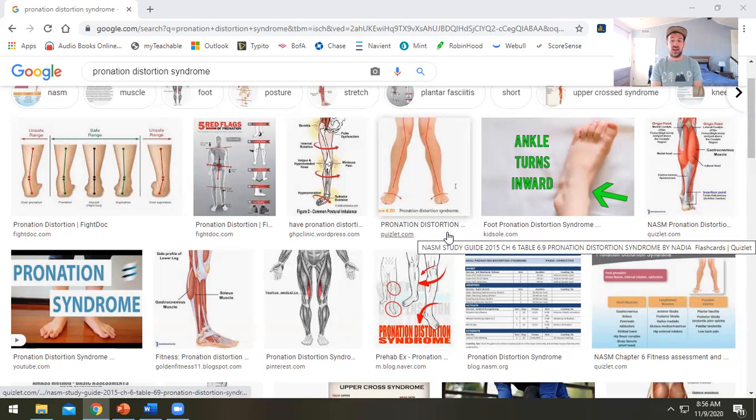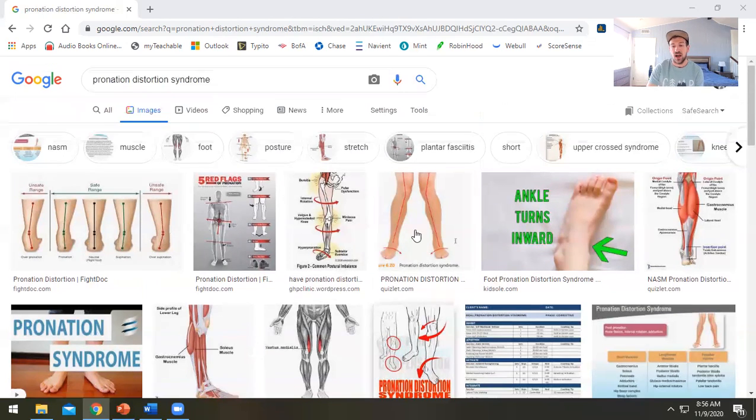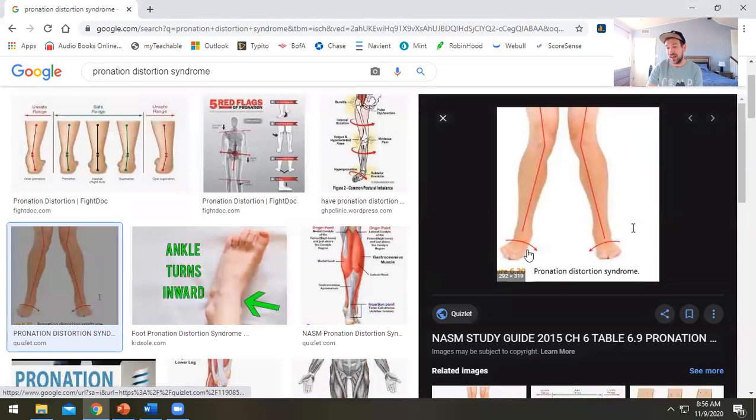So let's get back to looking at our slides. I'm still kind of introing everything, right? So let's look at pronation distortion syndrome next. This is one of the 3 most common postural distortions, and you're going to see this kind of posture right here, where you see that flat foot that we talked about, right? Someone's foot is flattening downwards like this. That's causing what we call pronation of the ankle.